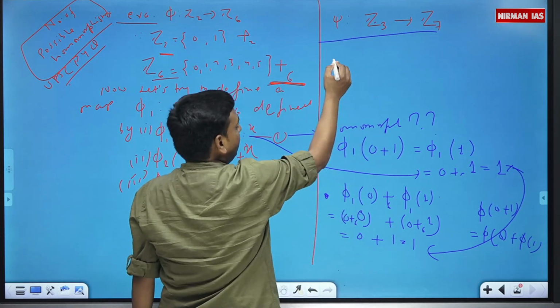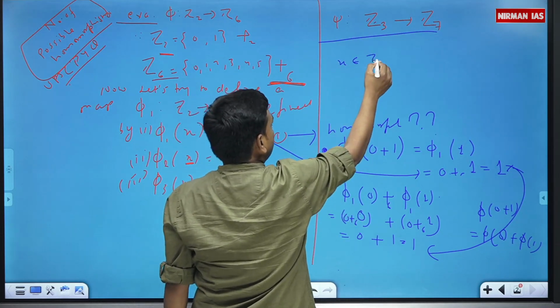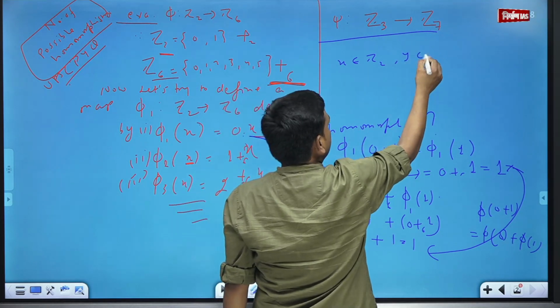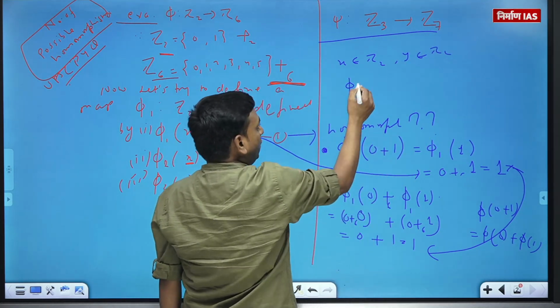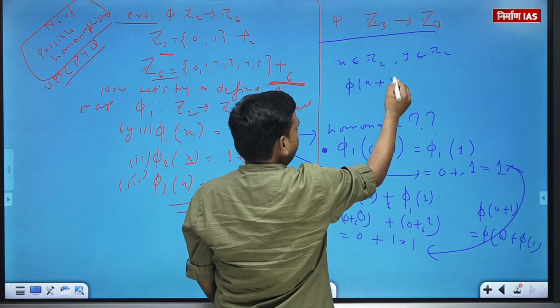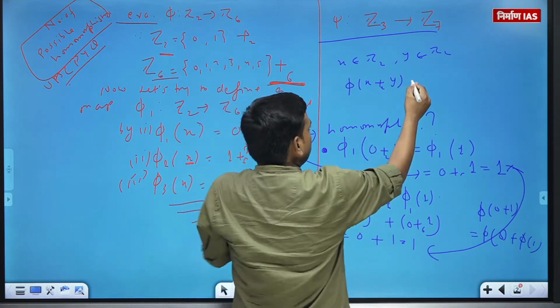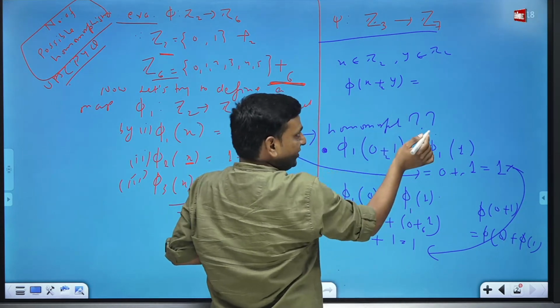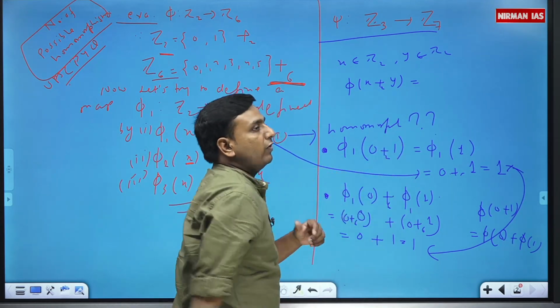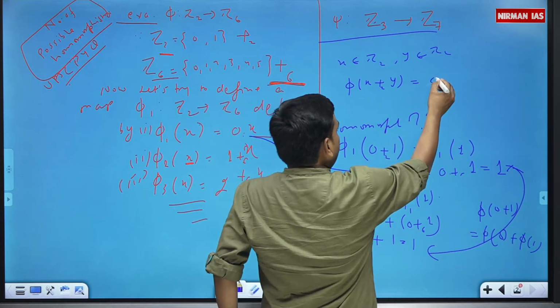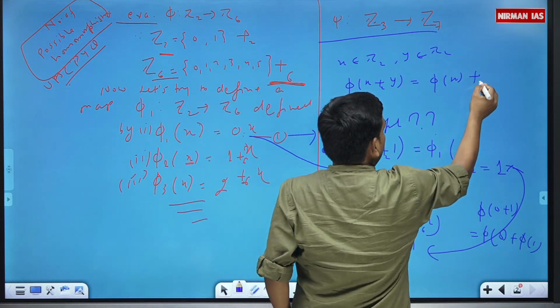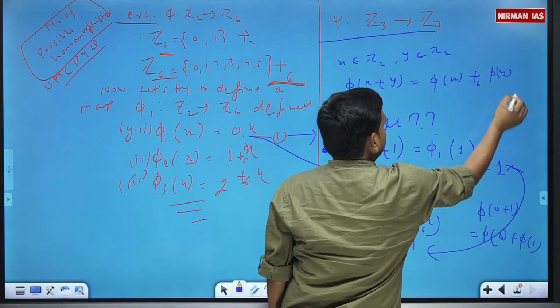For an arbitrary element, let's say x belongs to Z2, y belongs to Z2. I want to know what is happening with this. This is an addition modulo 2, so we will be checking x plus y must be equal to this thing.